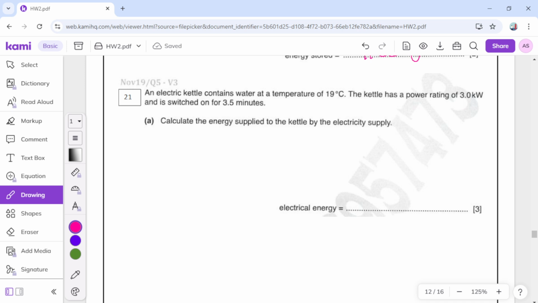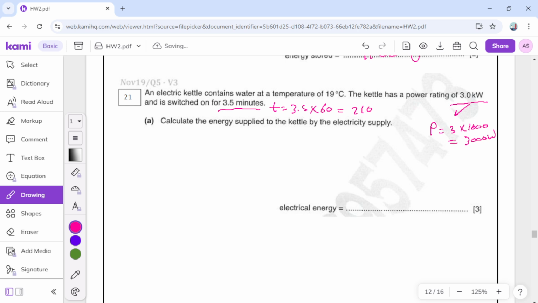An electric kettle contains water at a temperature. The kettle has a power. We have a power, but be careful because this power is in kilowatts. So power equals 3 multiplied by 1000. Now it becomes 3000 watts before using it, and switch it on for 3.5 minutes. What is the time now? 3.5 minutes. You have to convert it to seconds, multiply by 60, equals 210.